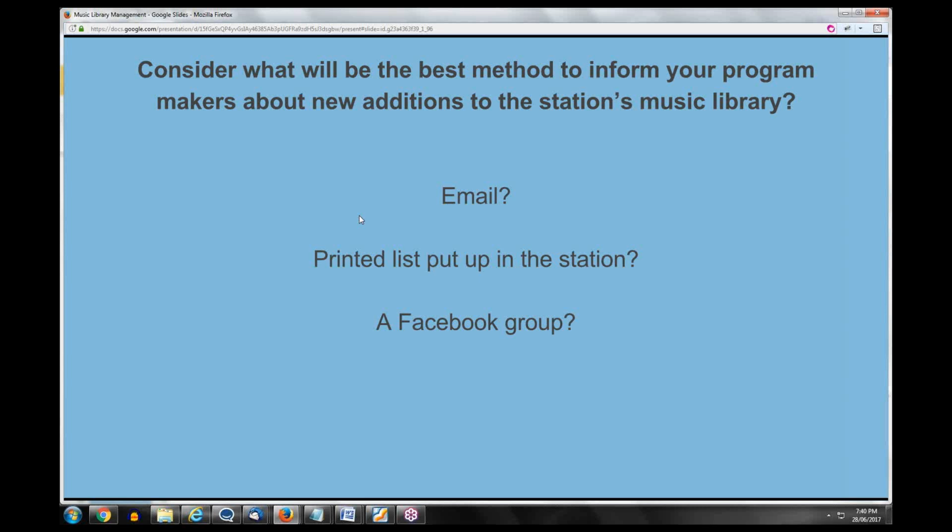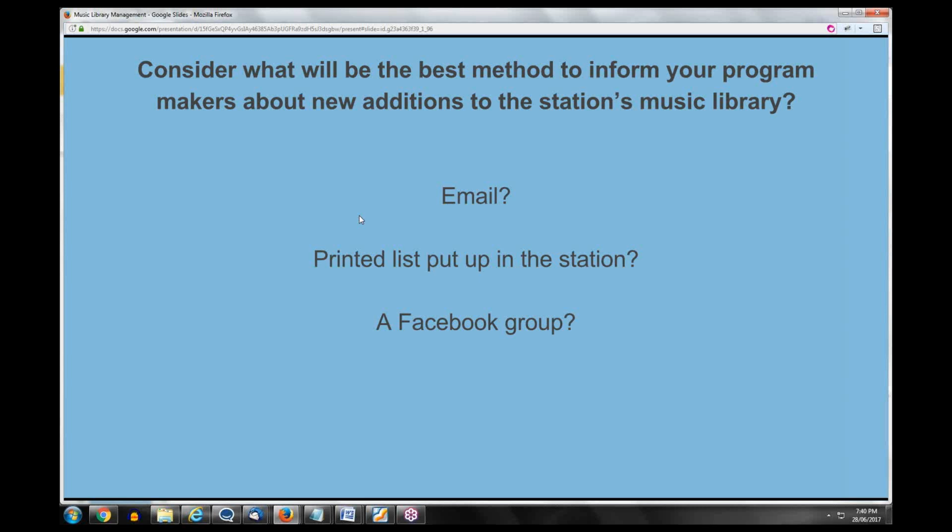All right. So the first step is to consider what will be the best method to inform your program makers about these new additions and the updates to your music library. There are three main ones that seem to be pretty common amongst a number of different stations. The first one is, of course, email.